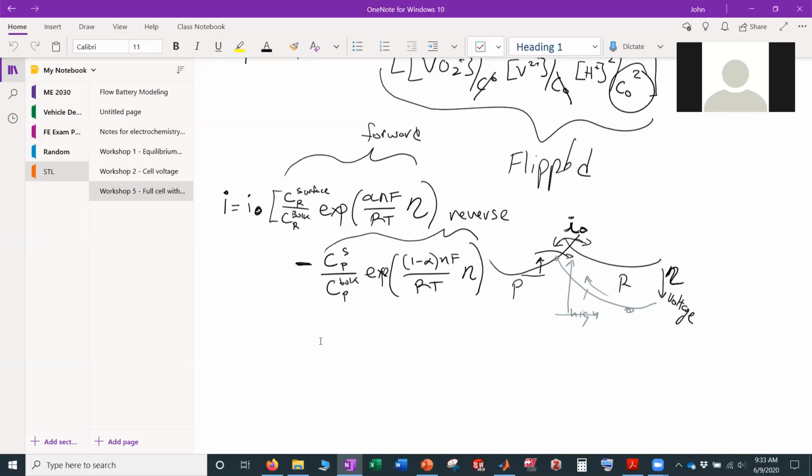And your I naught is usually expressed as there's a fundamental constant that kind of needs to be measured, or some advanced simulation needs to be done. So this is your like your kind of rate constant, reaction rate constant.